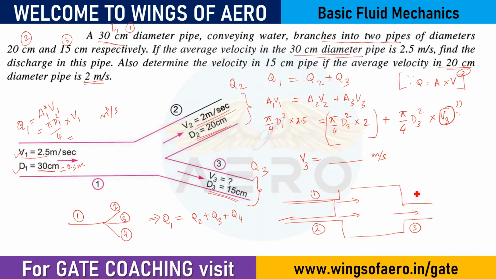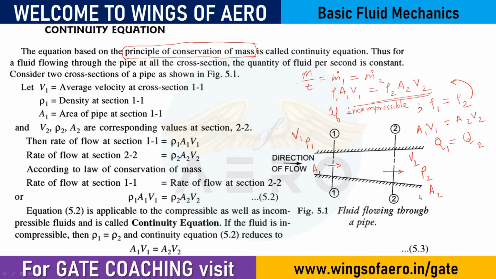We are going to write Q1 plus Q2 equals Q3, because sections 1 and 2 are entering inside and 3 is the outlet. Is that clear? Please let me know in the chat box.